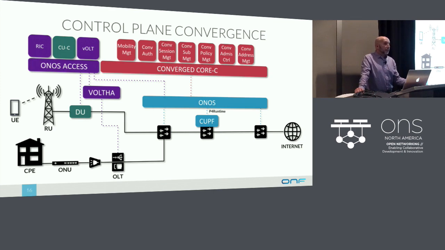And actually, there is indeed ongoing work, both in the 3GPP arena and the broadband forum arena, and we will be following that work towards going towards a converged architecture here. And in the control plane, there will still be access distinct control functionalities like mobility management, which only apply to the cellular network and not necessarily to the broadband network.